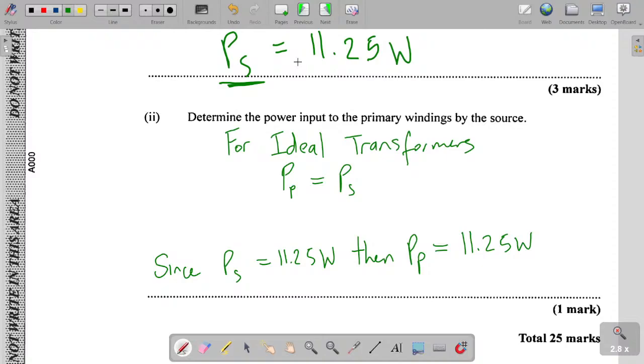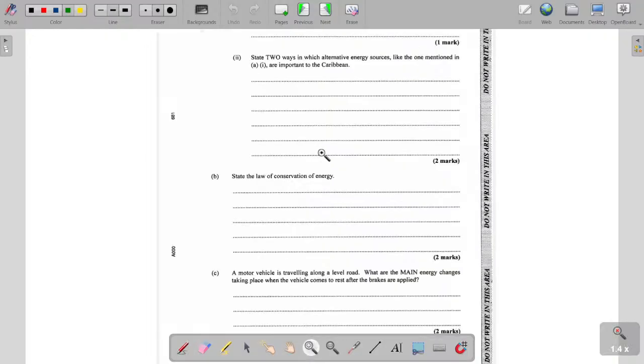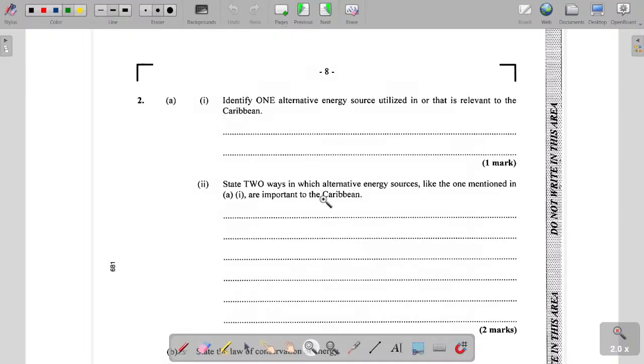All right. So we're going to move on now to our next question. Right, so the next question here is under the topic of energy. It says that we're supposed to identify one alternative energy source that is relevant to the Caribbean, and one of those that we know must be relevant to the Caribbean is solar energy, because we receive a lot of sunlight based on our location.